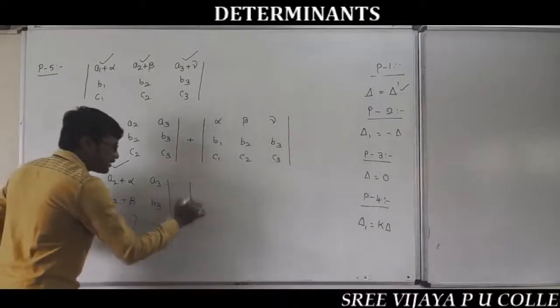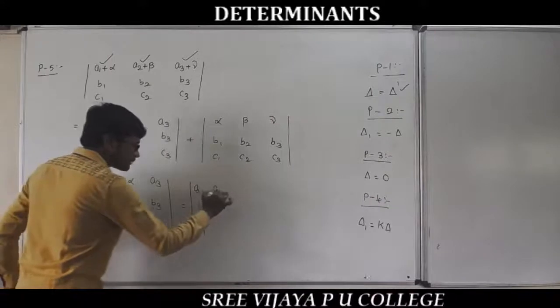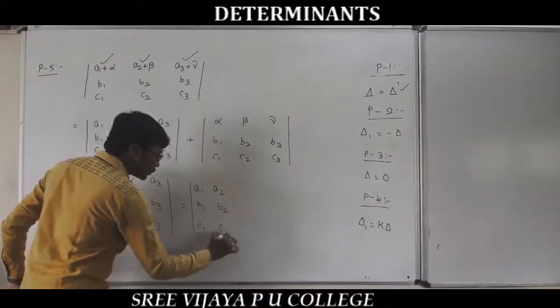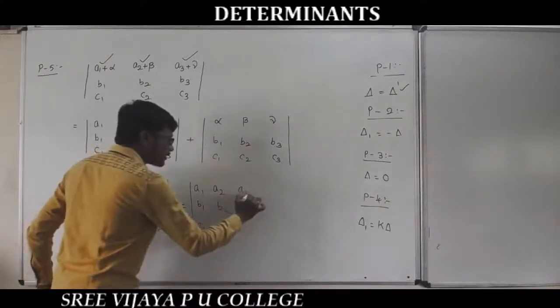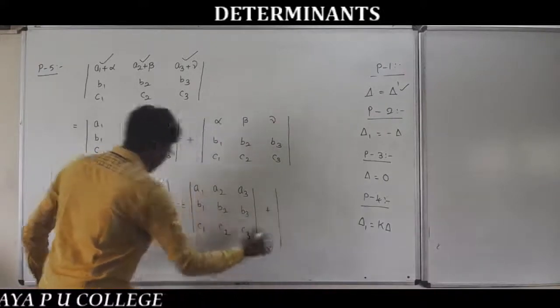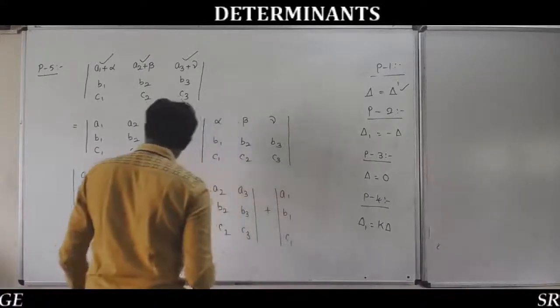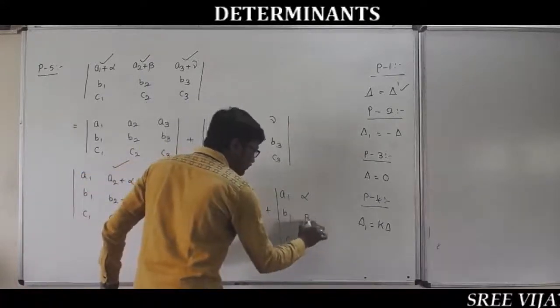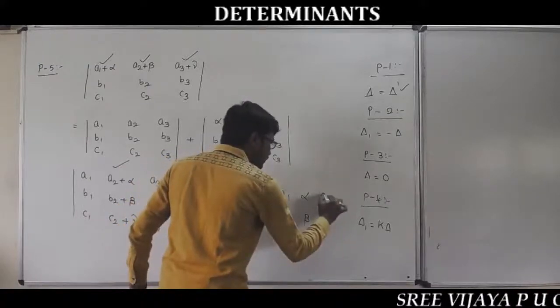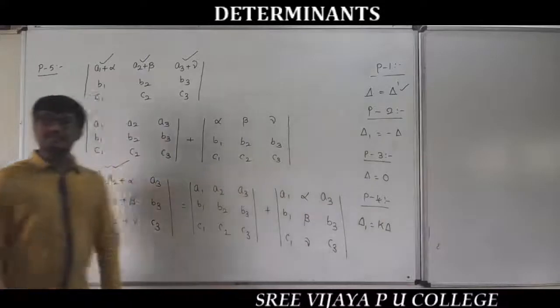Now see the first determinant: A1, B1, C1, A2, B2, C2, A3, B3, C3. Plus, the second determinant is A1, B1, C1, alpha, beta, gamma, A3, B3, C3. So this is the second determinant.